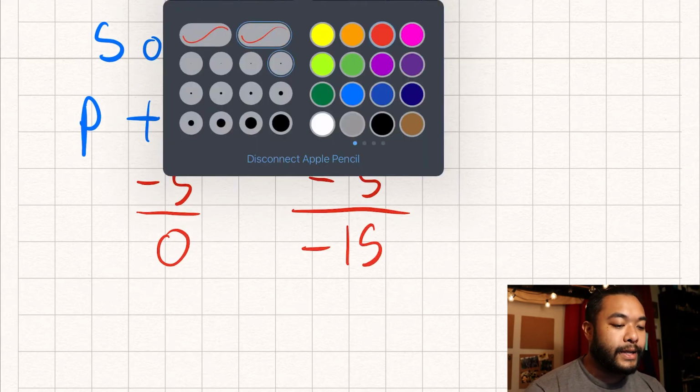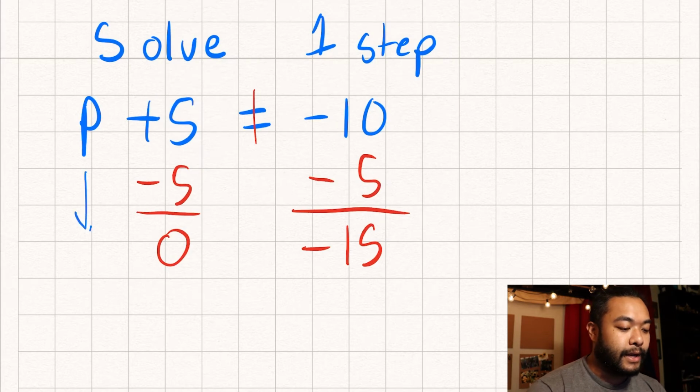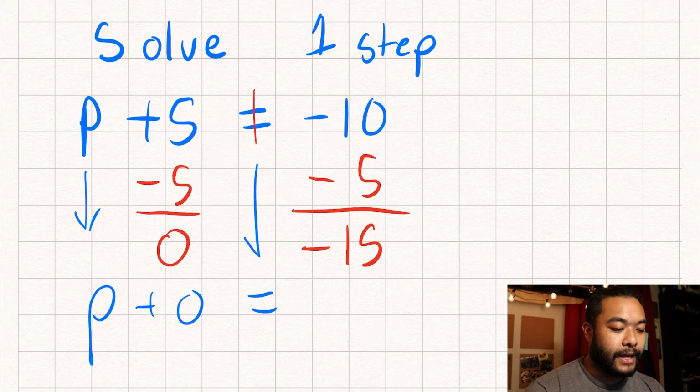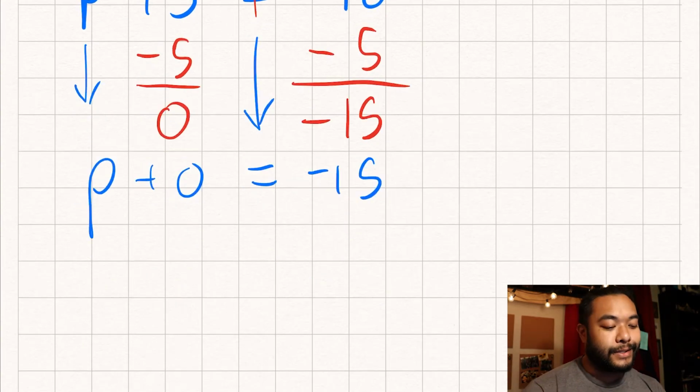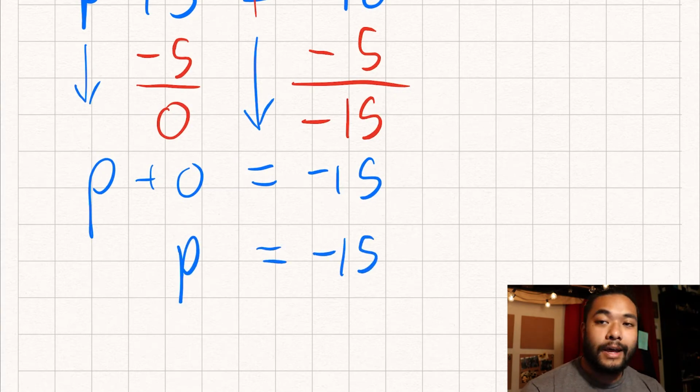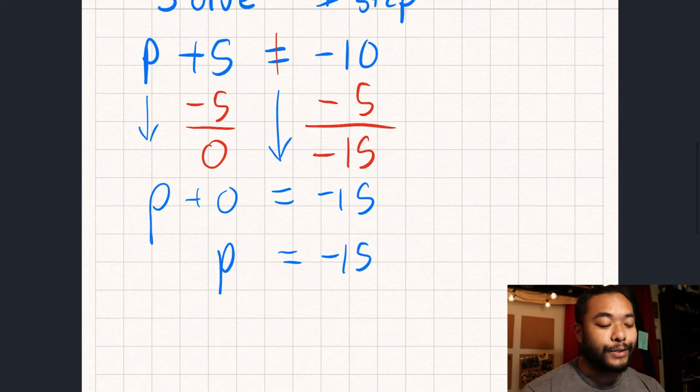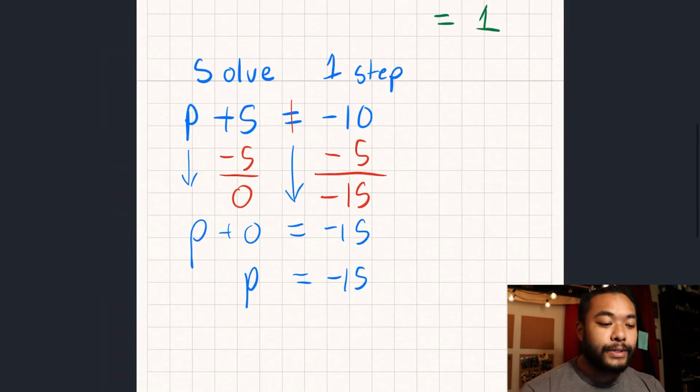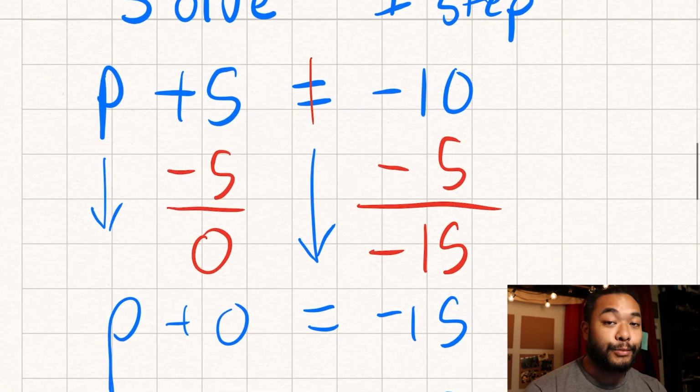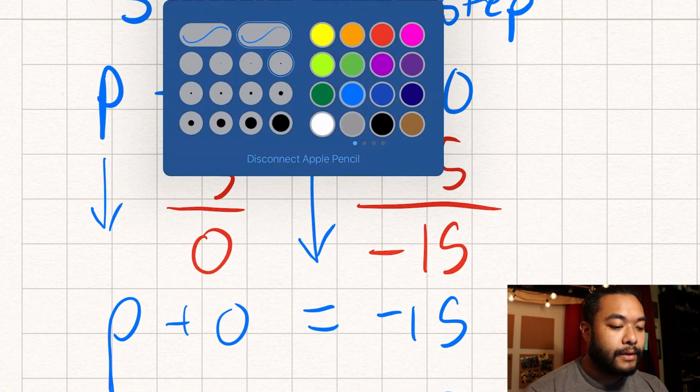So bring all the stuff down that I didn't use. p comes down, 0 comes down, equals comes down, negative 15 comes down. p plus 0, though, that's just the same as p, because 0 is nothing, equals negative 15. So solving a one-step equation just means getting p on one side by itself. This was a one-step addition problem that we solved using the inverse, subtraction, minus 5.